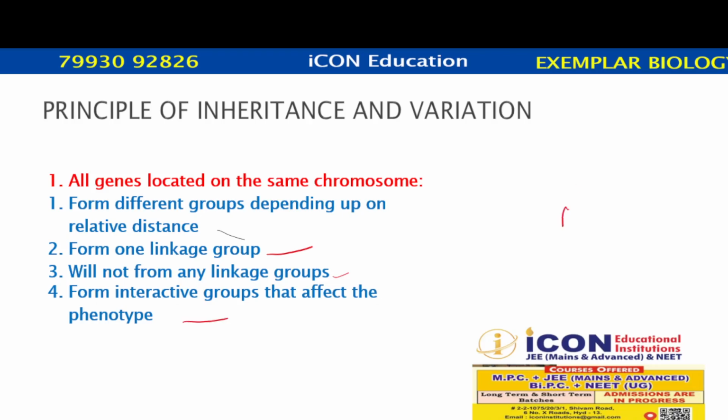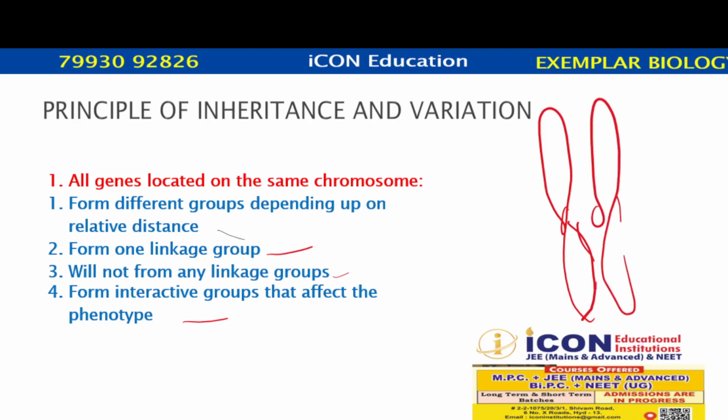So all genes located on the same chromosome, on a homologous pair of chromosomes, are called linked genes. They form a linkage group. So what is the answer here? That form one linkage group.